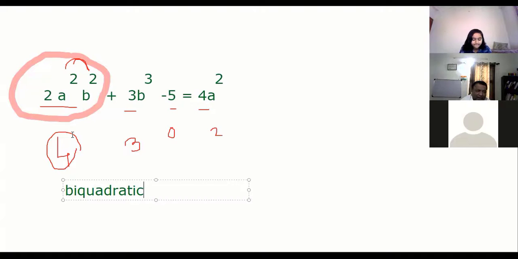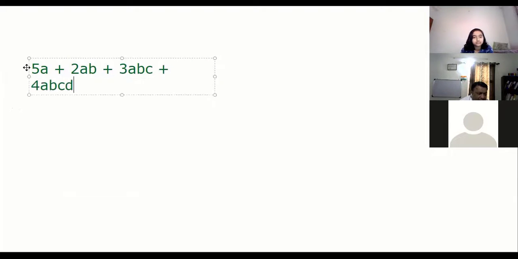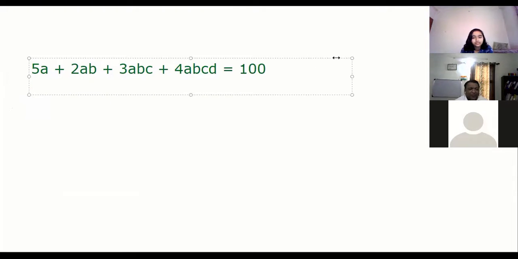Let me give another example. If I say 5a plus 2ab plus 3abc plus 4abcd equal to 100, tell me, what is the degree of this polynomial?